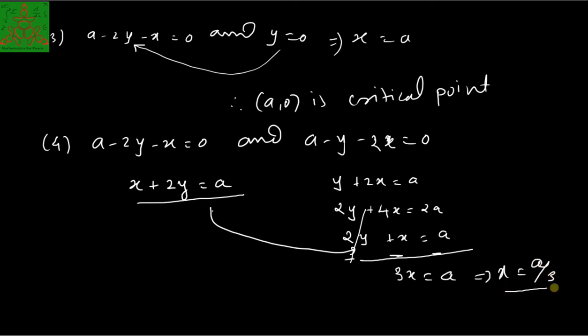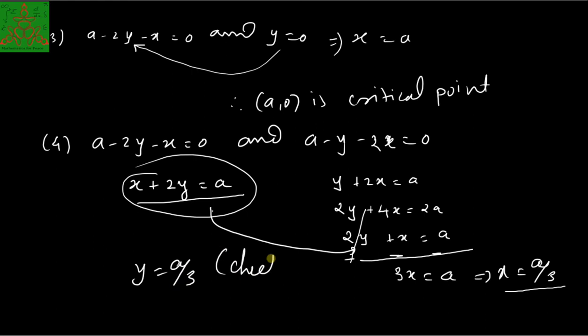And if you substitute this value of x into this equation, you will have y is also a by 3. That you can check by yourself. So therefore, you will have (a by 3, a by 3) as the critical point.